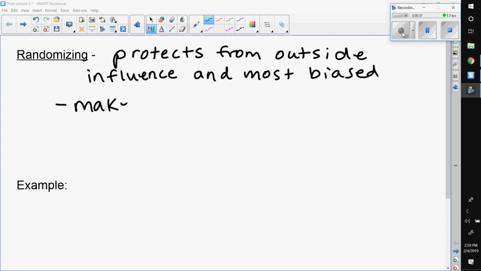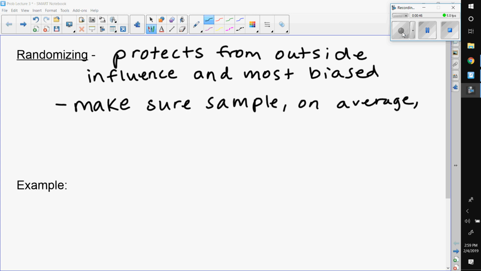Another thing that we want to do is make sure that the sample, on average, looks like the population. What that means is being conscious of who you are asking or talking to and who you are trying to get the population for.